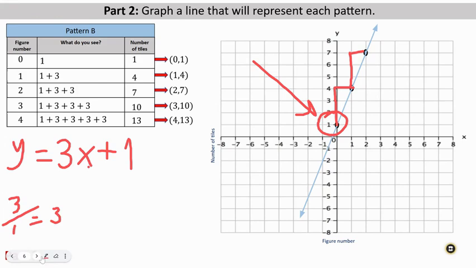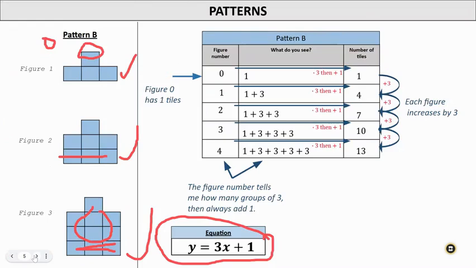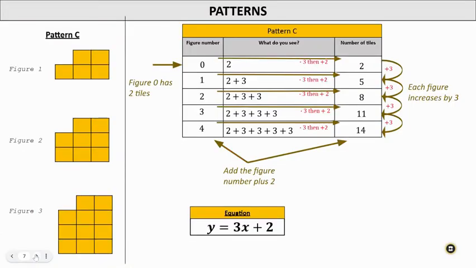Let's go one more time. The previous one was 3x, and now this one is 3x plus 1. I hope you see where we're going with this. Now my next pattern.